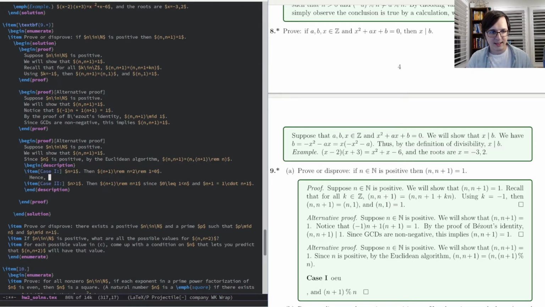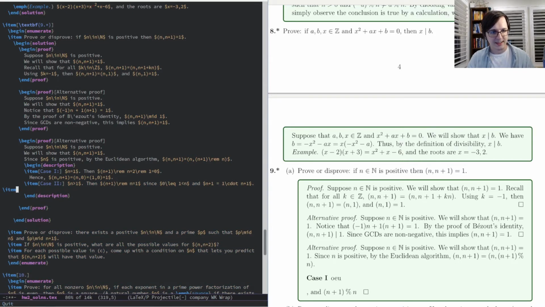Hence, n plus 1 is equal to n0, which is equal to 1, 0, which is 1. Great. Oops, and then hence n plus 1 is equal to n1, which is, right, n1.